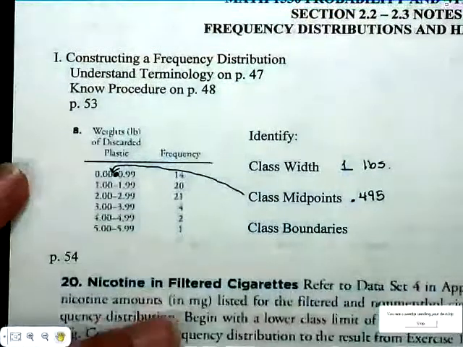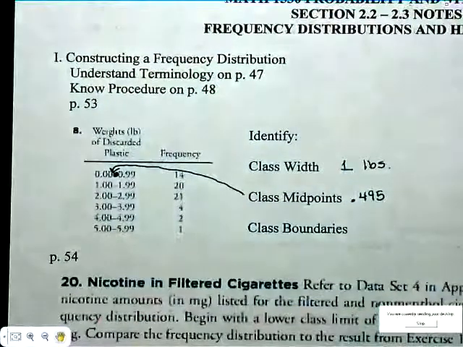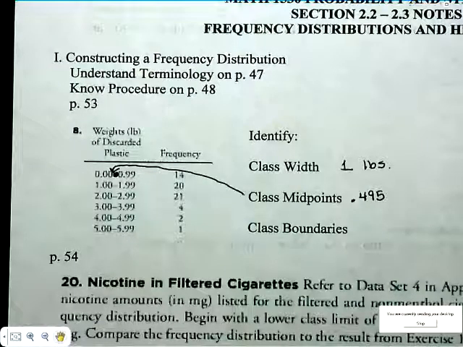Now we could continue doing that. For the second class, we could add 1 plus 1.99 and divide by 2, then 2 plus 2.99 and divide by 2, but you don't have to. If you know the class width is 1 and the first class midpoint is 0.495, what's the next one going to be? 1.495.